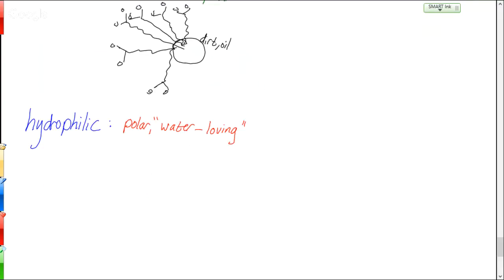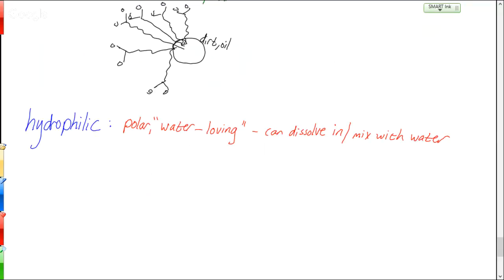So something that is hydrophilic can dissolve in or mix with water.